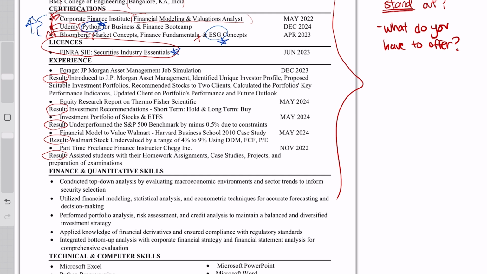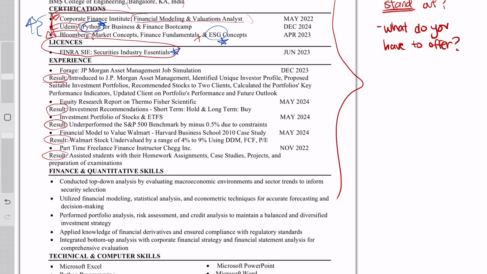So results would be more, let's say, closed certain hundreds of millions of dollars, or helped reduce stock inventory for a small business by 30%, or you helped to decrease the invoice processing and accounts payable outstanding days from 90 days to 45 days. Those are specific and concrete results that you can convey to the hiring manager.